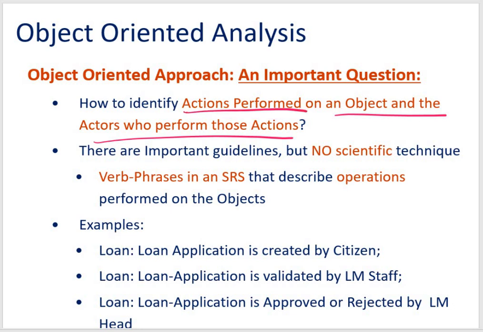Then the next question is, how to identify the actions performed on an object and the actors who perform those actions. That means I am trying to identify the actions performed on the object and who will be the participants or the actors performing those actions.